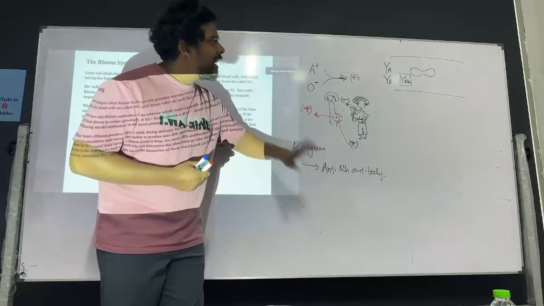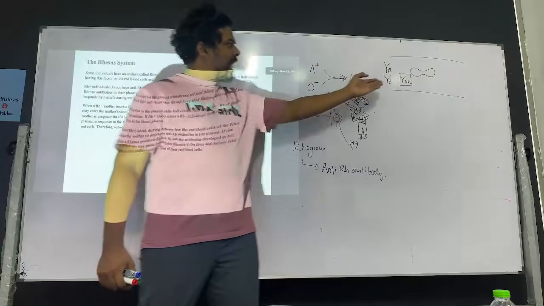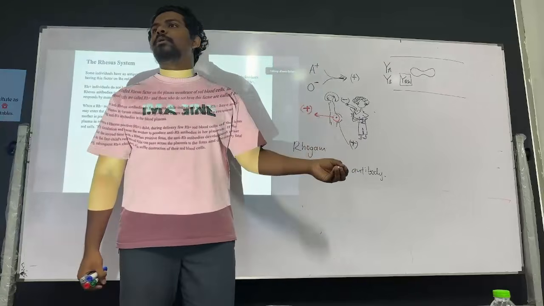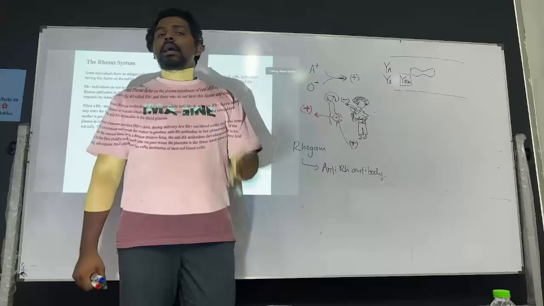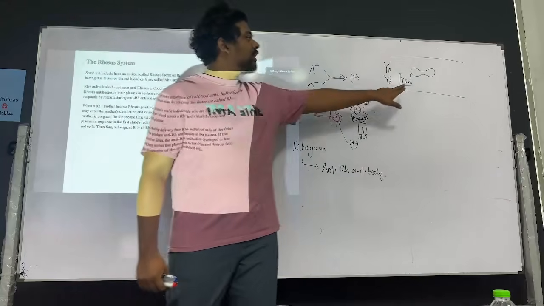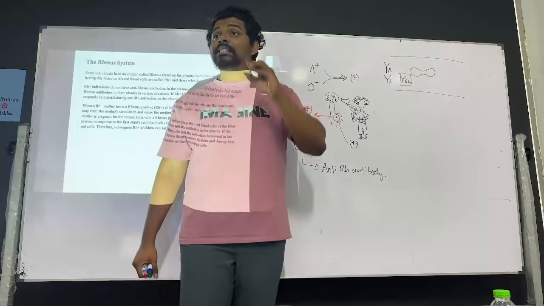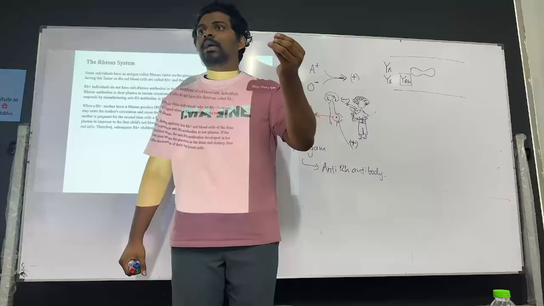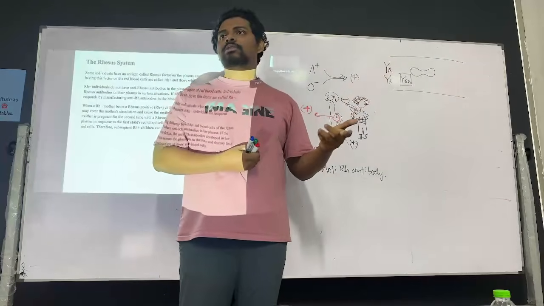Now, we thought that anti-Rhesus antibody is the problem. Why are we giving anti-Rhesus antibody to these pregnant Rhesus negative mothers? Did you see the reason why this mother got this Rhesus antibody is because the child's Rhesus factor was exposed to the immune system? What if you destroy the Rhesus factor before it is exposed to the immune system?